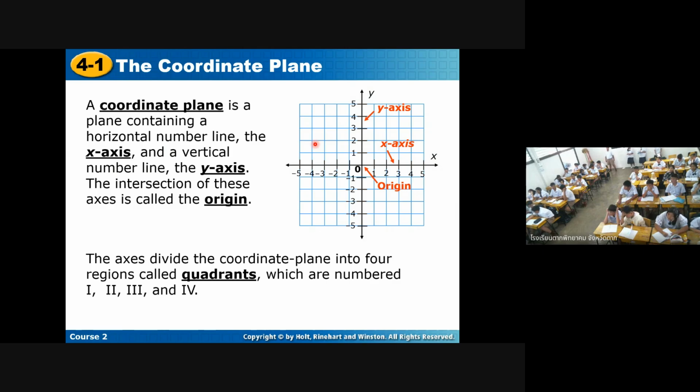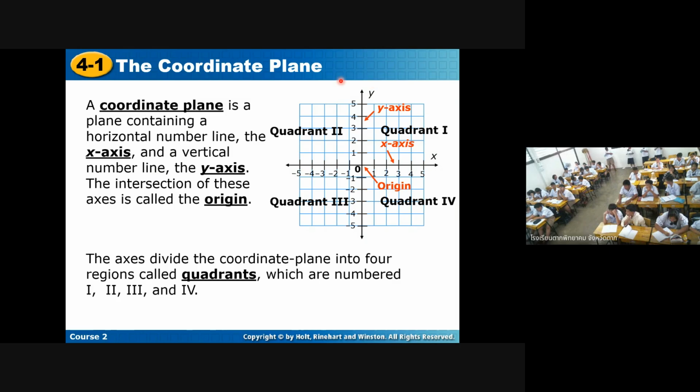Quadrants are the sections of the given coordinate plane, and they are also used to locate any given point. The upper right is the quadrant one, or the first quadrant. The upper left side is quadrant two. The lower left is quadrant three, and the lower right is quadrant four.